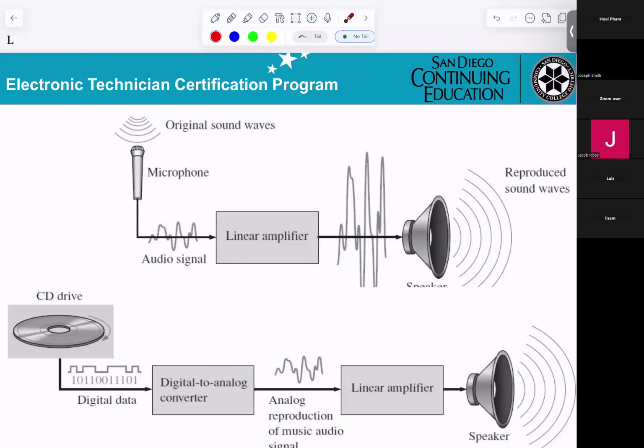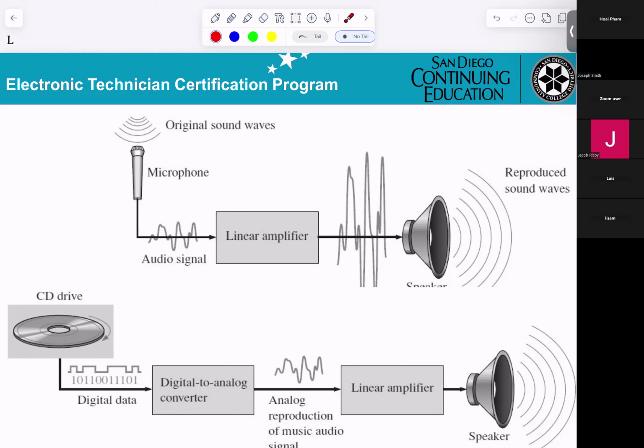Okay. Another thing, you can see this is your CD. When the signal is coming out, it will be binary. That means either one or zero, nothing else. That's what we call digital data. And basically, they will go to a speaker. However, a speaker cannot understand one or zero.